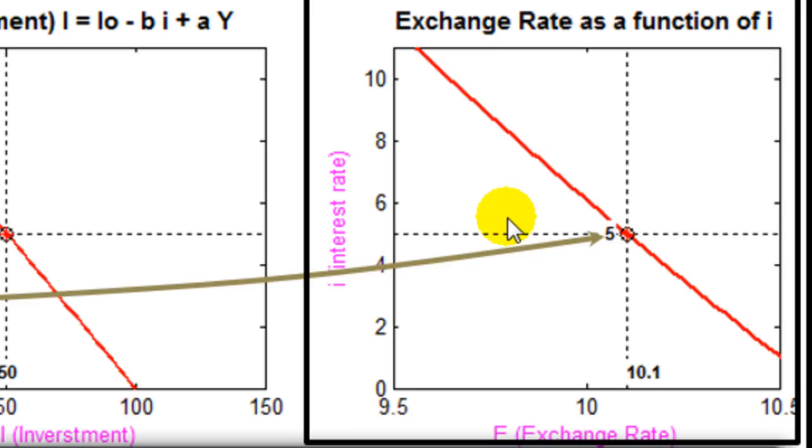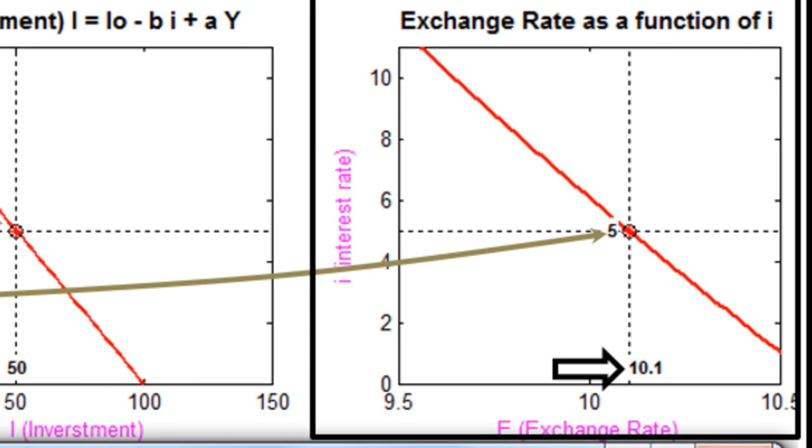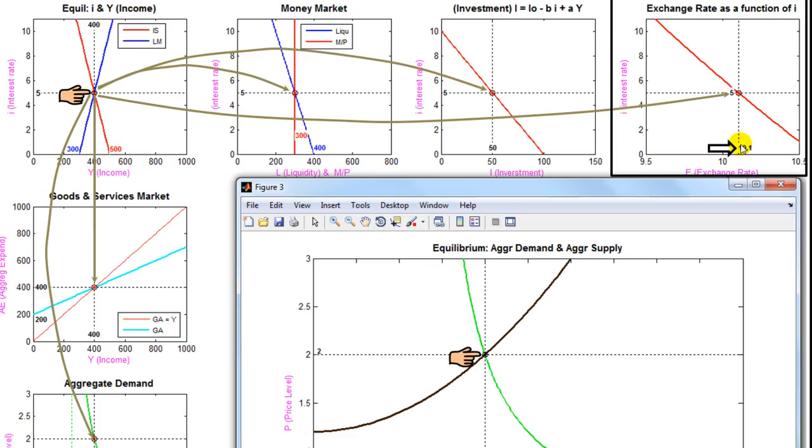So what we want to know is why, if the interest rate is 5%, then the exchange rate is this. So this is what we are going to see in this video.